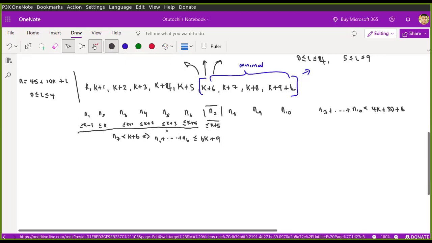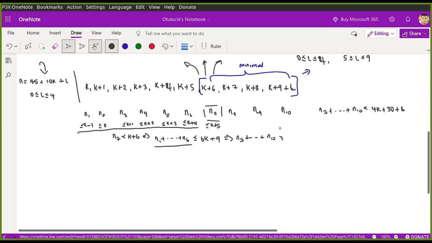Now remember that the sum from n1 to n6 plus the sum from n7 to n10 is equal to the sum of n1 to n10, which is n by definition. So if we have this going to be less than or equal to 6k plus 9, then this is going to imply that the sum from n7 to n10 is going to be greater than or equal to n minus that, right?